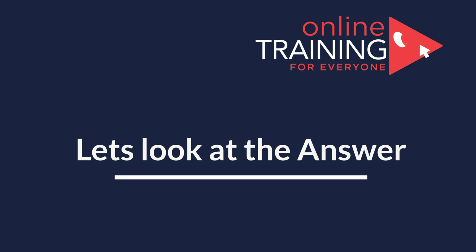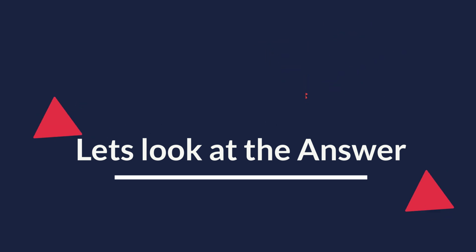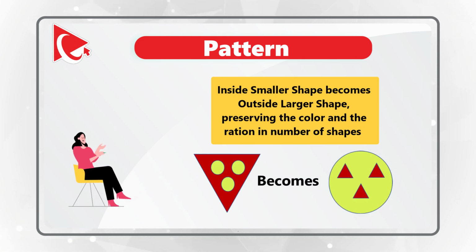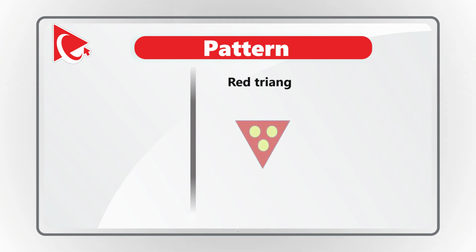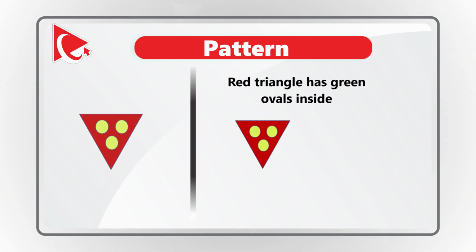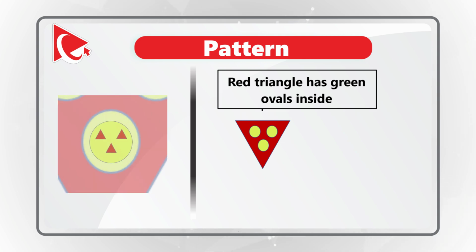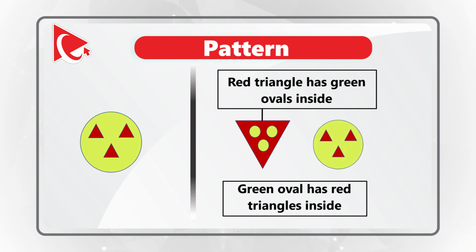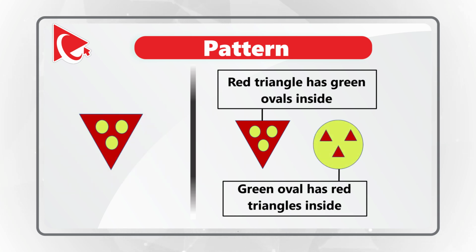To determine the correct answer in this case, and in a lot of other cases, you need to look for patterns. And the pattern in this particular case is that to build the relationship, inside shapes become outside shapes, preserving the inside to outside shapes ratio. If you look closely at the relationship presented in this question, you see that the red triangle has green ovals inside, and it has a relationship to the green oval that has red triangles inside.